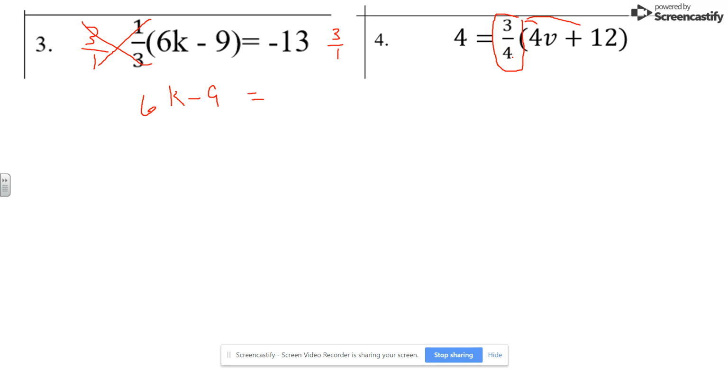If I want to get rid of it, I can multiply by 4/3. Or sometimes people like to multiply by 4 first and then divide by 3 second. It doesn't matter as long as you understand when you multiply this side by 4 and this side by 4, that 4 cancels out with that, and we still have a 3 here. The 4 did not go inside the parentheses.